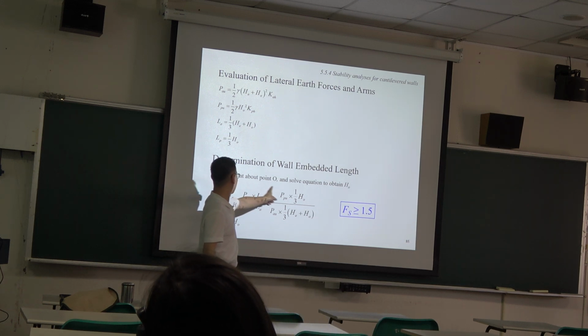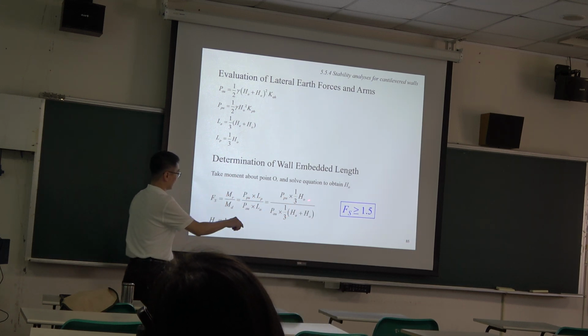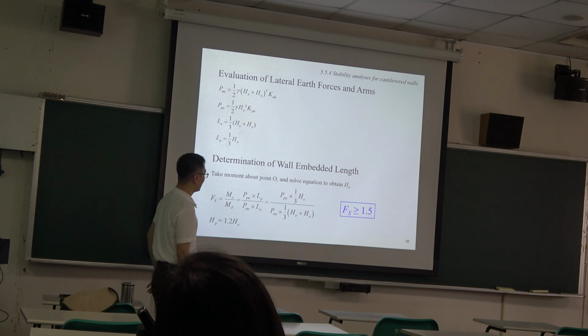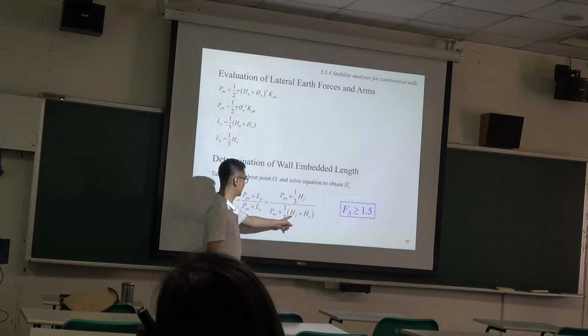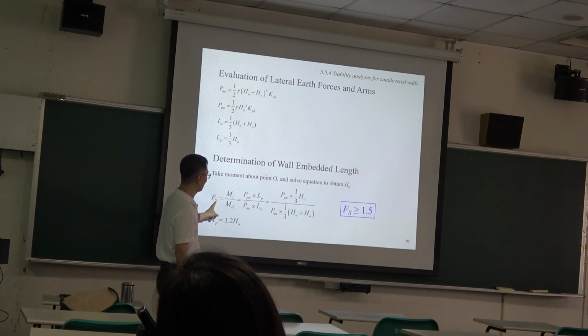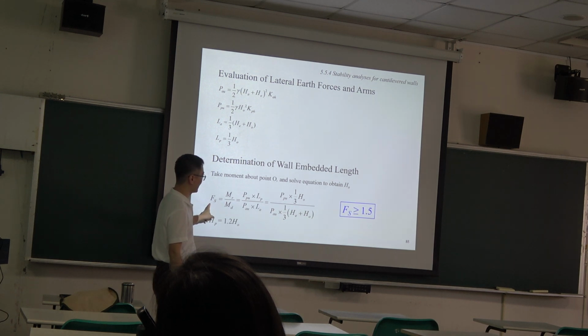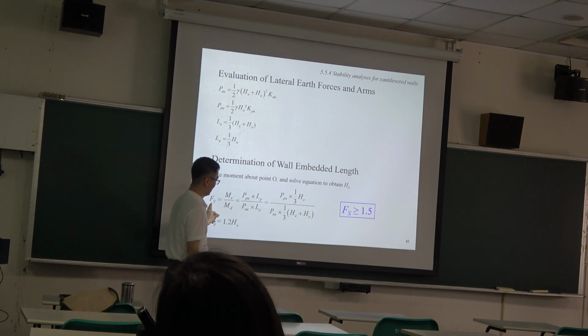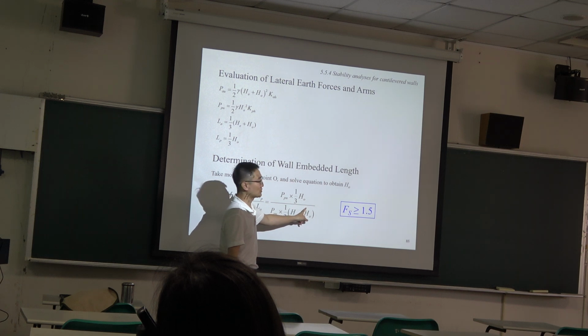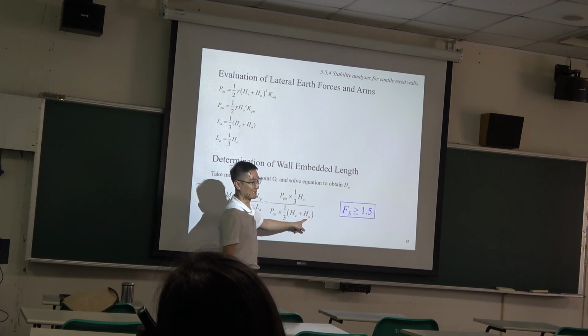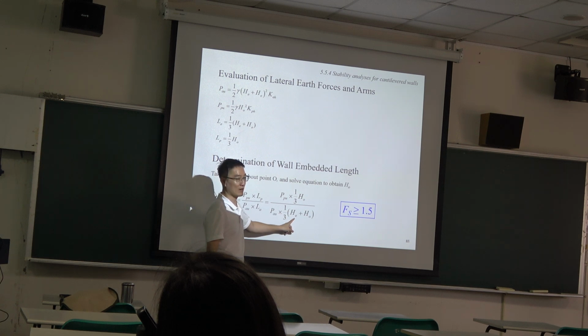Based on this situation, theoretically we know this, and then we want to achieve this, so we can use trial and error to find it. Clear? We know this for our design.